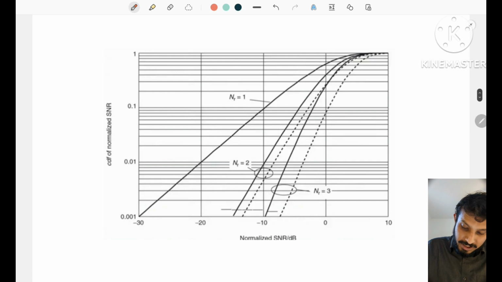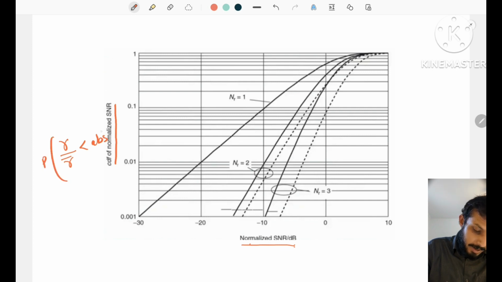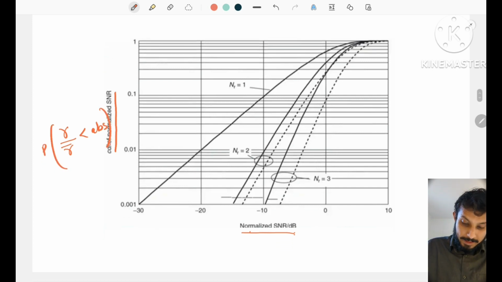So in case of selection combining, this is a figure showing the CDF of normalized SNR versus the normalized SNR. So this is given by the probability that gamma by gamma bar is less than the abscissa.